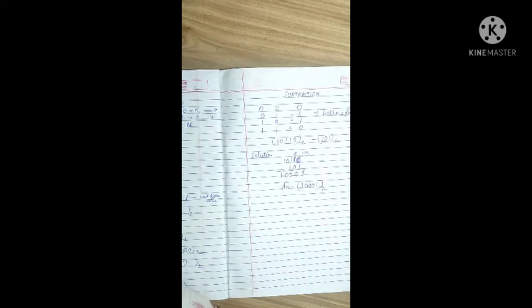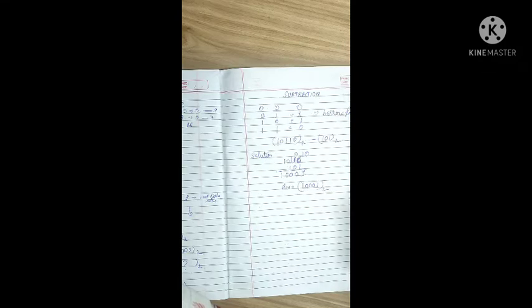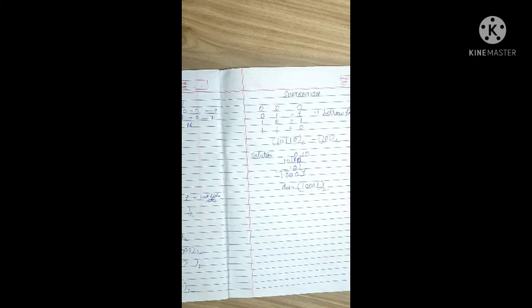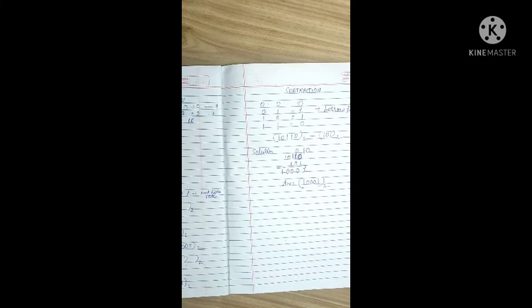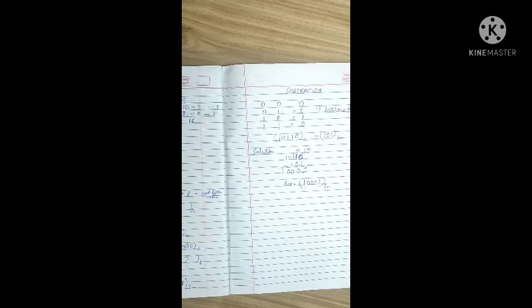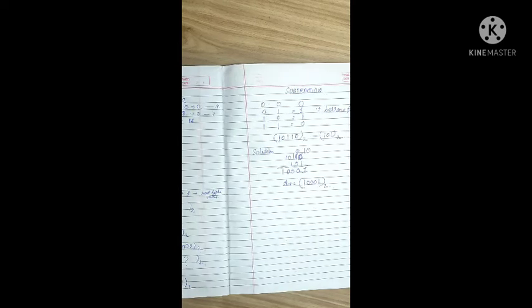So this was about subtraction. I hope you all have understood this much. Next is multiplication. Multiplication is not given in your book, so we'll do binary multiplication.